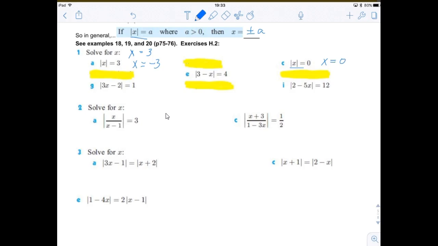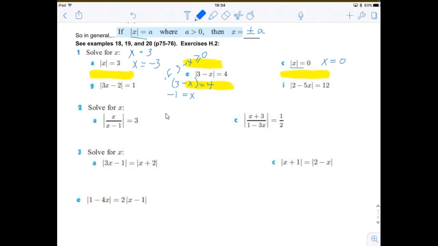Here we have the absolute value of 3 minus x is equal to 4, okay? So there's two cases. One is that maybe the absolute value is doing nothing because the inside is positive. So if 3 minus x is positive, or 0, then 3 minus x, not absolute value, is equal to 4, right? So then x is equal to 3 minus 4, which is negative 1.